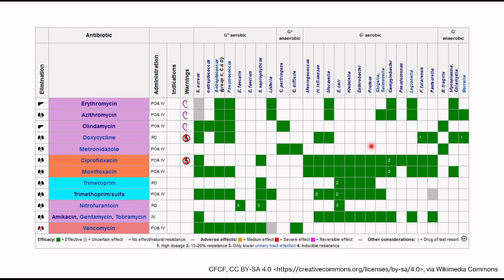And this is important for several reasons. For example, over here you see the route of elimination of this antibiotic, and for people where this organ is damaged, you may not want to use this antibiotic. In some cases the antibiotic is damaging for certain systems or parts of the body.